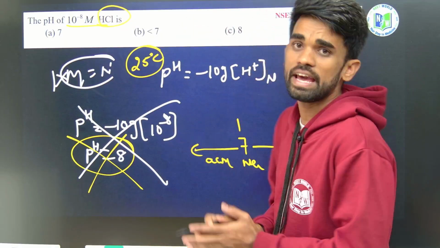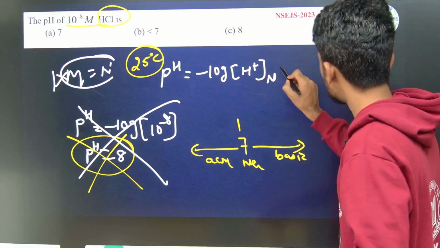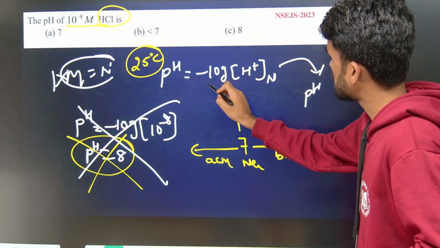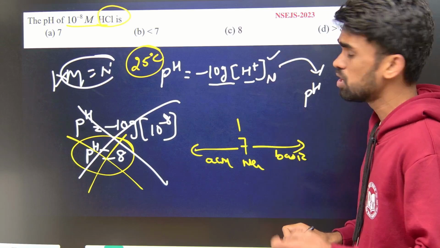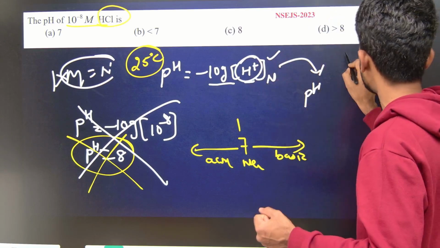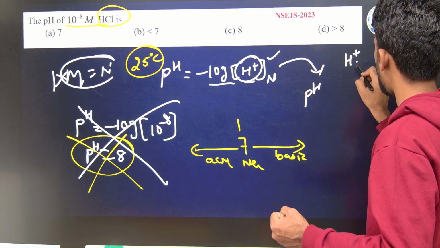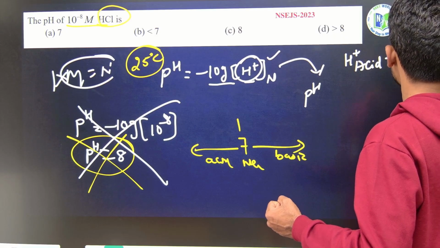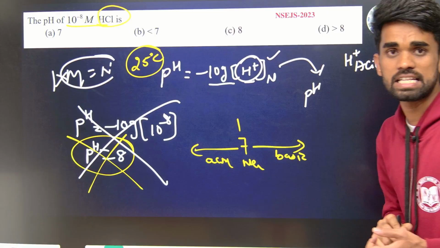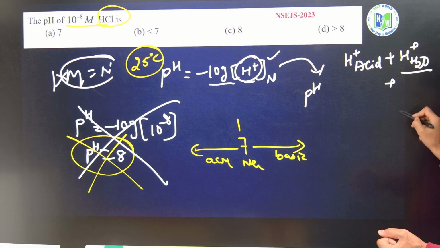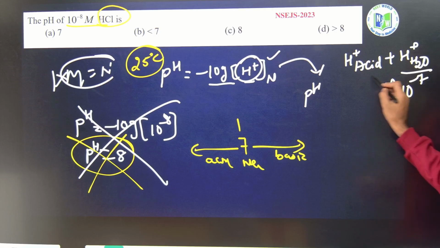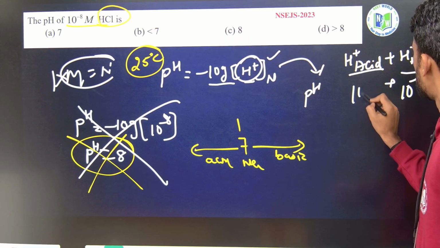So what is the exact way to answer this? pH means minus log concentration of H plus. That H plus ion should be taken from the acid as well as from water. At 25 degrees Celsius, the H plus ion concentration from water is considered as 10 power minus 7 molar, and from the acid it is 10 power minus 8.